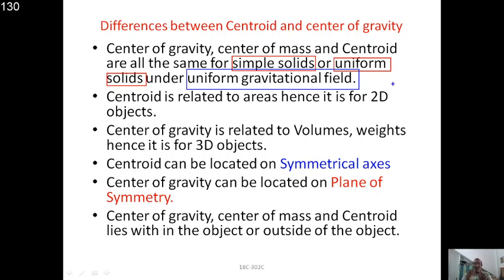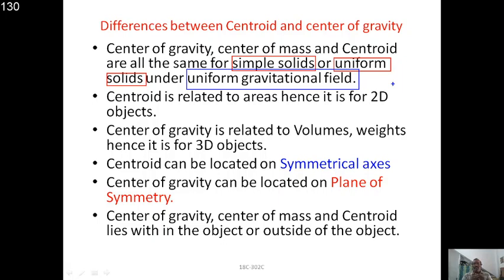So these are the two important terms we should understand. The center of mass is the centroid of an object having a uniform third dimension. If the center of mass and centroid coincide, and similarly a uniform gravitational field is also there, then it becomes the center of gravity.